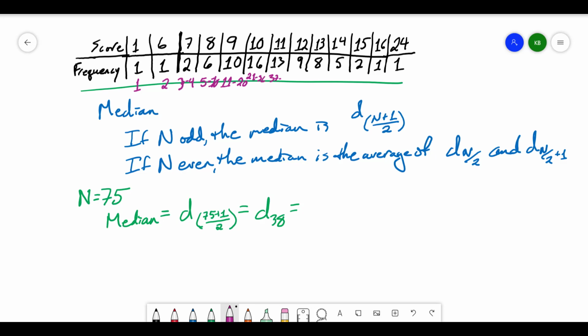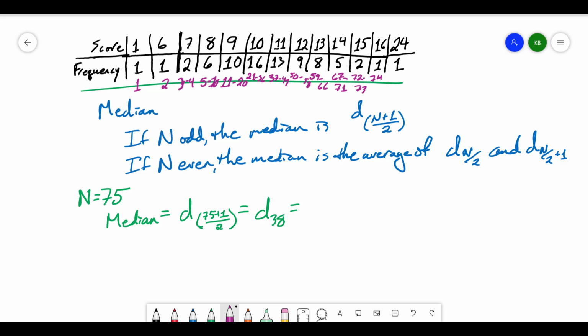37 through 49 will give me 13 positions there. 50 through 58 gets me 9 positions there. 59 through 66 gets me 8 positions there. 67 through 71 gets me 5 positions there. 72 through 73 gets me 2 positions there.